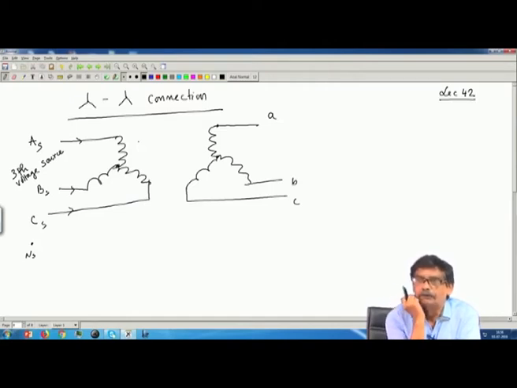I do not want third harmonic voltage coming across the secondary and creating problems for the load. I want a 50 hertz supply for the load.